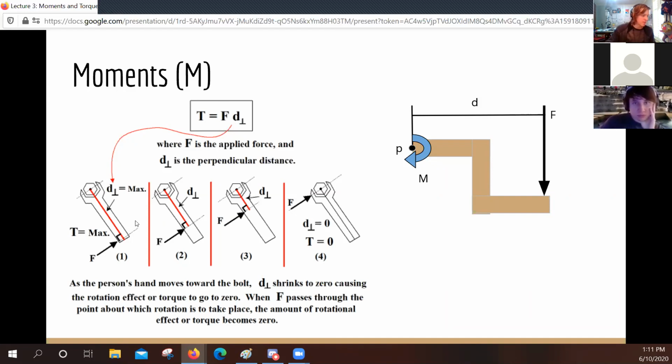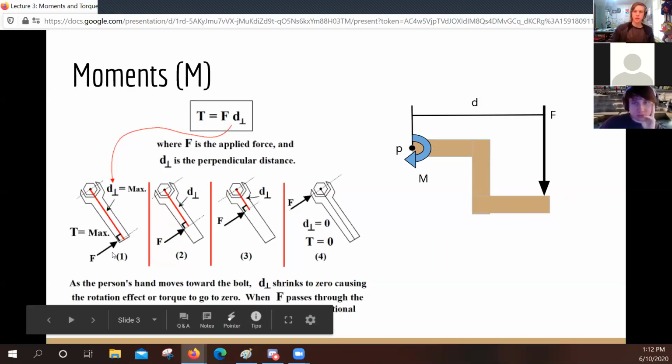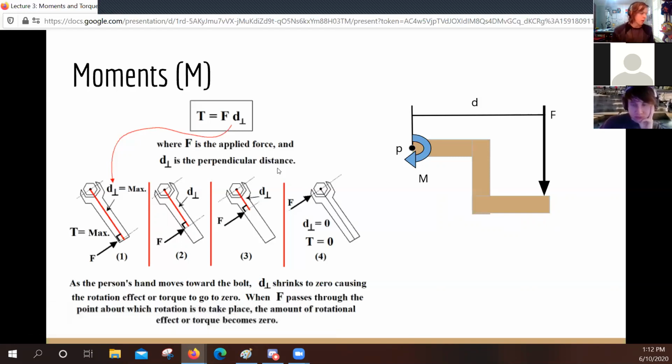So basically, F is the applied force. That's the force that we're applying to something. Like if you're twisting a wrench, that's the force you're applying on the wrench. And D is the distance from the pivot to that force, perpendicular, okay? So it's a way of simplifying things down to saying I'm pushing this far away with this amount of force, and that's going to cause this amount of rotation.